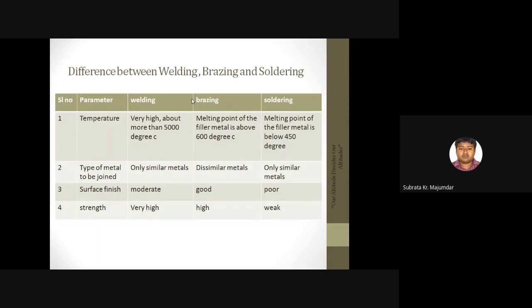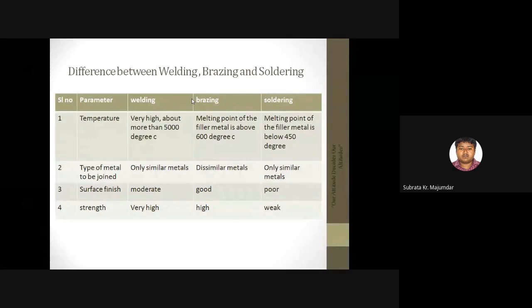If we compare the surface finish quality of welding, it is moderate. It gives a good surface finish compared to soldering, but less than brazing. If a high surface finish quality is required, then machining is required after welding.